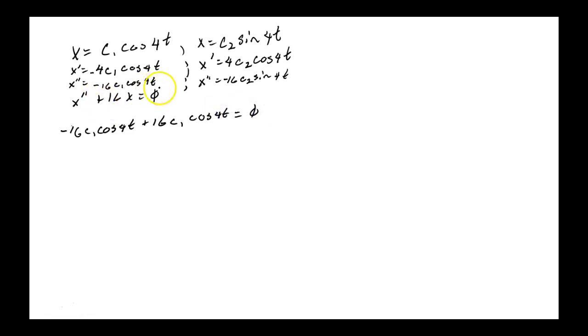So that one works. Let's do the next one. X double prime there is minus 16 C2 sine 4t, and then add to that 16 times that x, which is C2 sine 4t, and that indeed also adds to 0. No big surprise.